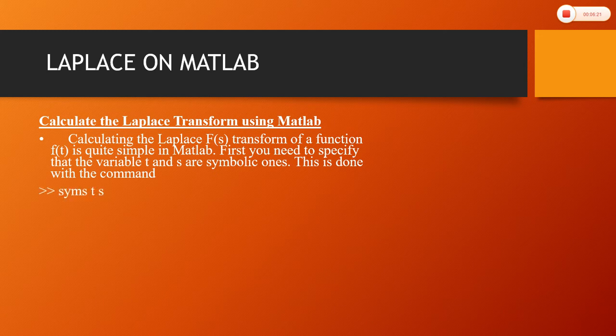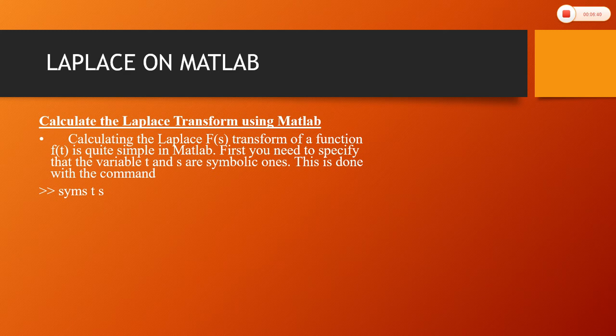If I have a function f of t and I have to find the function in the frequency domain, then what will we do? I just apply the Laplace transform on the function f of t. This will give me an answer in the frequency domain.